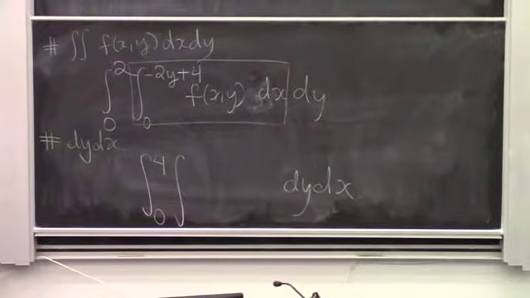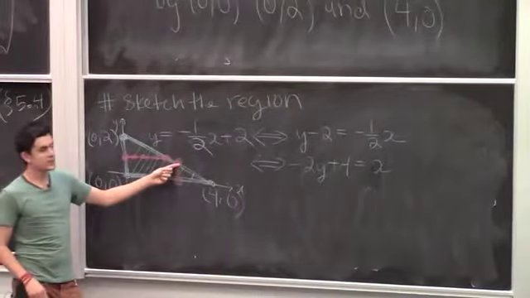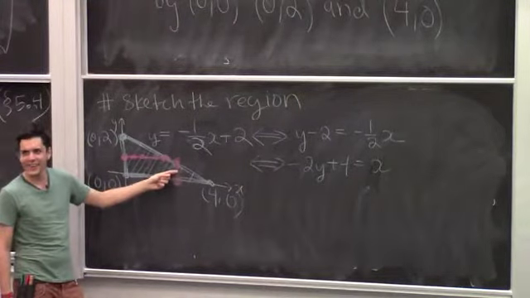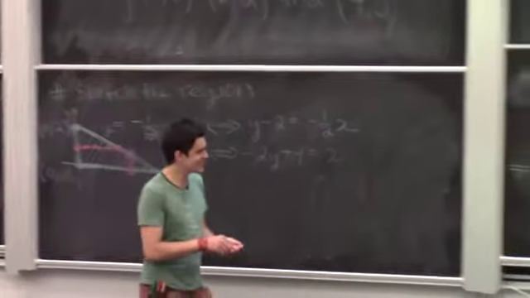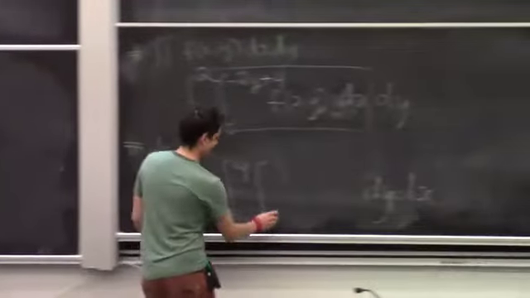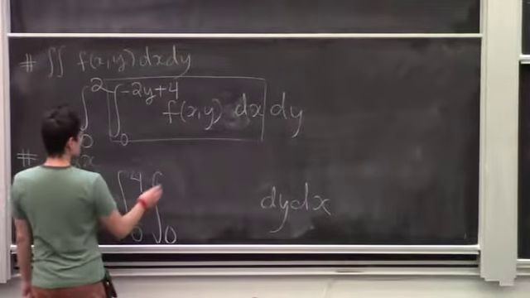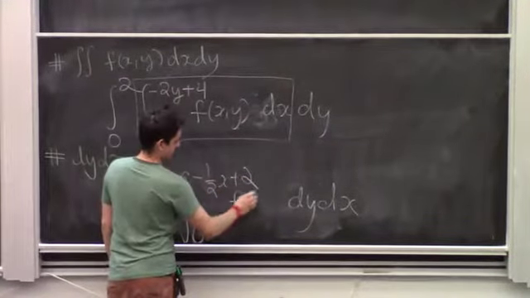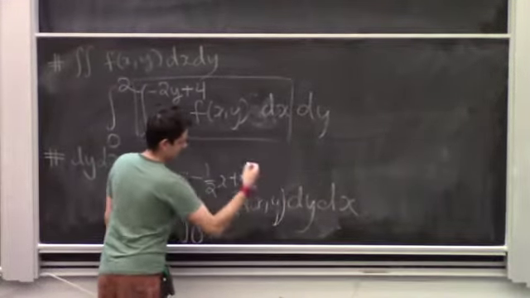And at each slice, y is going to start at 0 and move upwards until it hits the bounding curve. Okay, so it moves upwards, and we get to this.